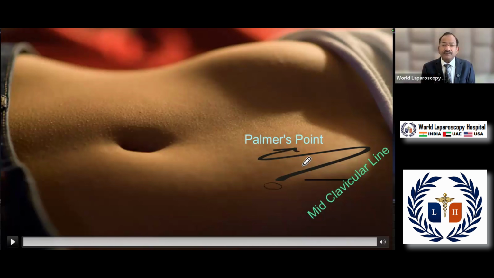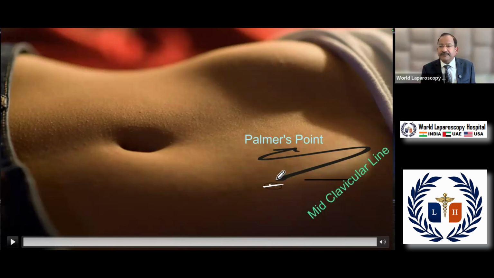Third advantage of the Palmer's point is that adhesion is rare in this area, because the stomach is a very strong organ, inflating and deflating every day multiple times. So, it does not allow any fibroblast or collagen synthesis to make a band there, and adhesion is rare unless any gastric surgery is done, and that is why Palmer's point is a very attractive site.